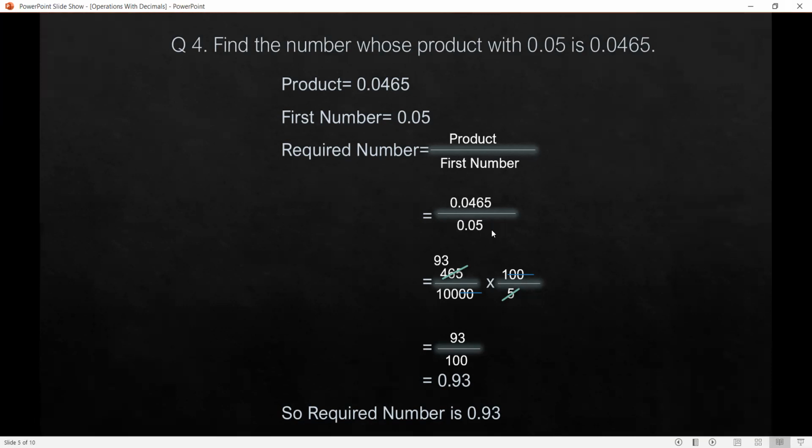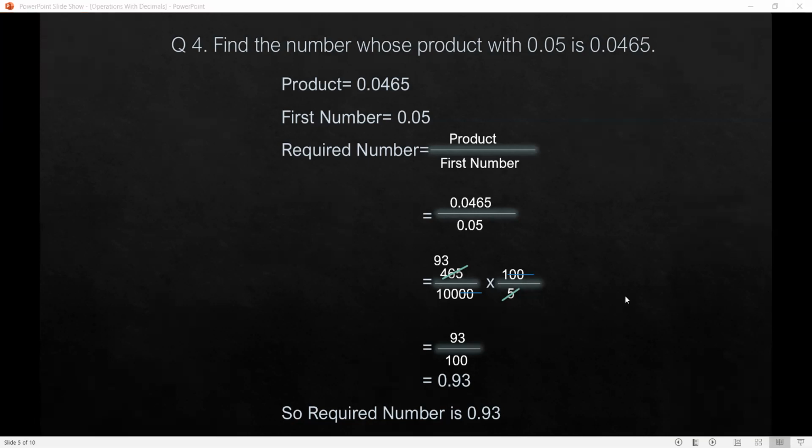We can first of all remove the decimals. The numerator has 4 digits after the decimal, so we write 4 zeros in the denominator. And the denominator has 2 digits after the decimal, so when we remove the decimal, we write 2 zeros on the top.